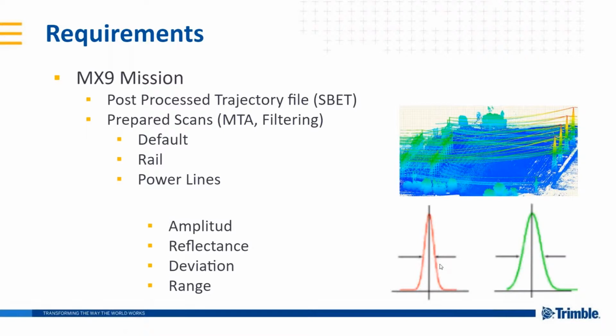So if we have a difference between them, higher values indicate that the shape is different from the pulse that was emitted. Therefore, we can identify some additional features in our point cloud.